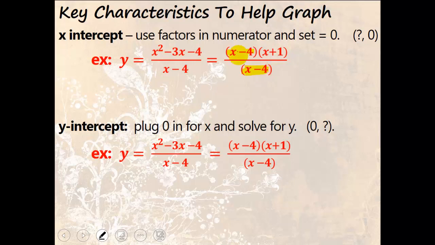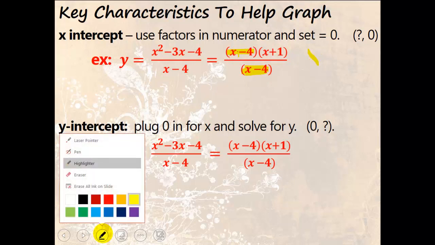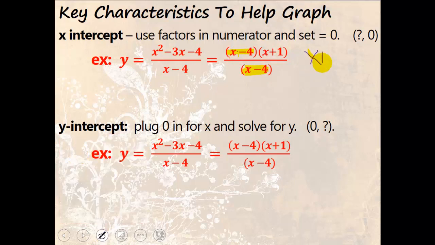So I'm just going to set my remaining factor equal to 0. So x plus 1 equals 0. So x is equal to negative 1. So my x-intercept is the point negative 1, 0.